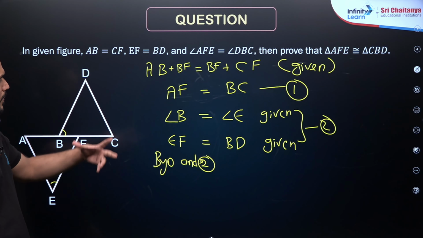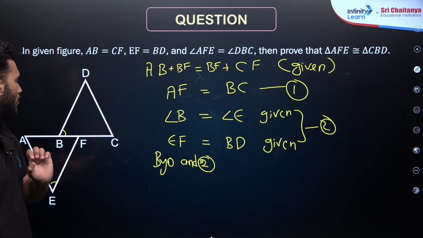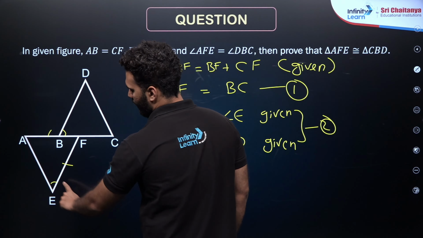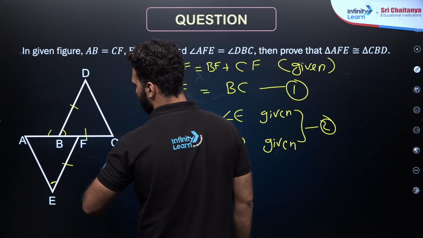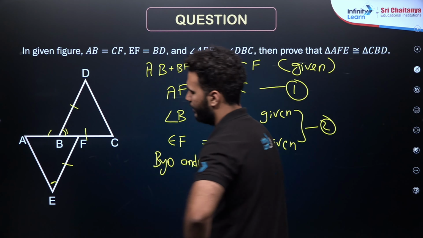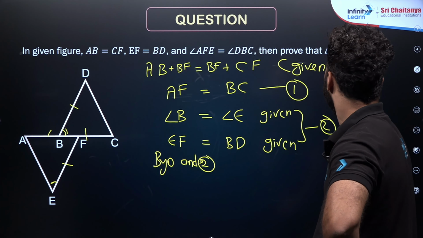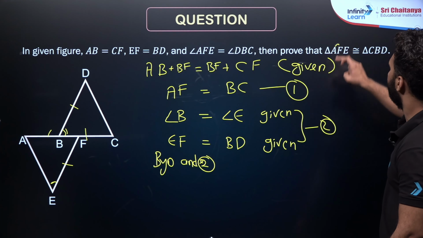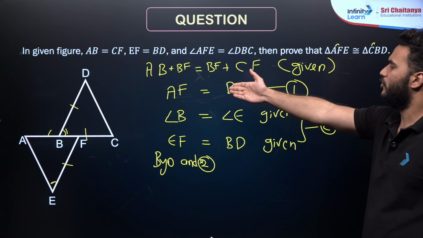Sir, one line, one angle, one line. Okay, which line? Sir, this line, this angle, and this line, and this angle. Oh, we are not getting the angle between them. We have to prove AF should be equal to CB. Have we proved that? Yes, sir, we have proved that.